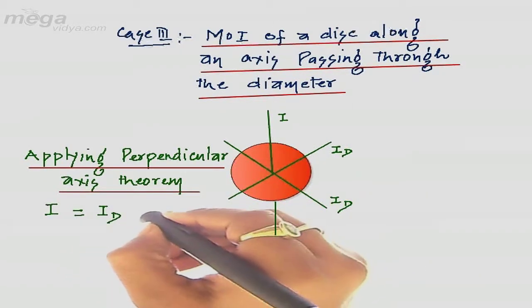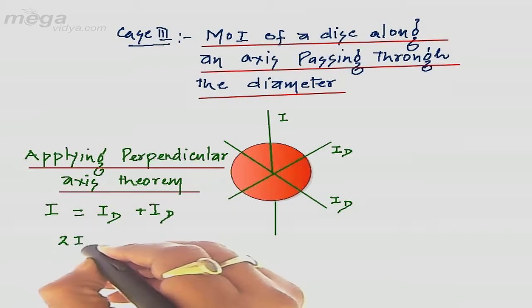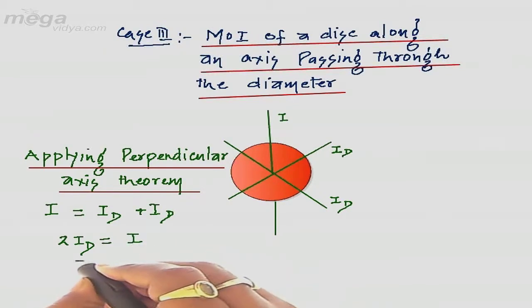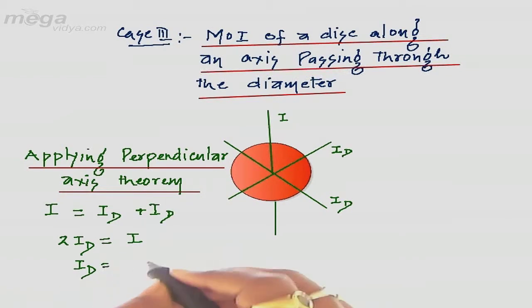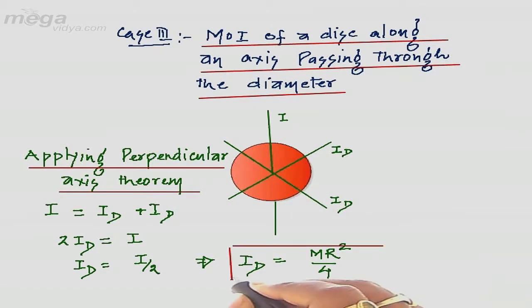So it can be written as I D plus I D, which gives the value I. So I D will be equal to I upon 2, which is equal to m r square upon 4.